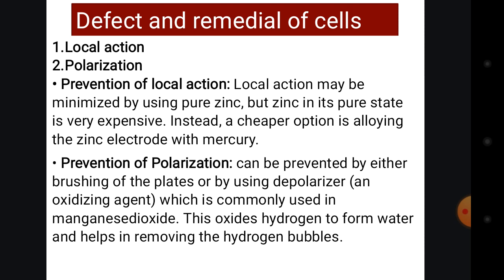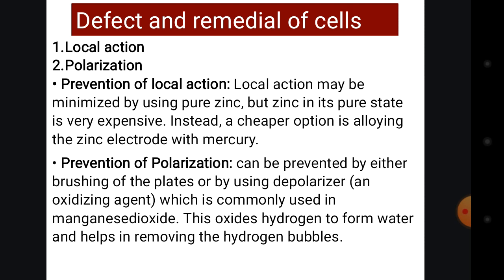So you can use a cheaper option, that is the zinc electrode with mercury. That one can be used to prevent the local action of a cell. So if you cannot use the normal pure zinc, then you can use the zinc electrode with the mercury, and prevent the local action of your cell.